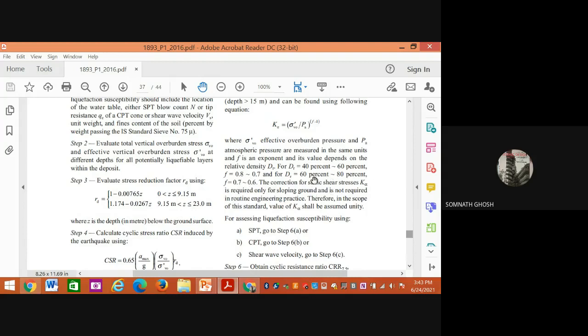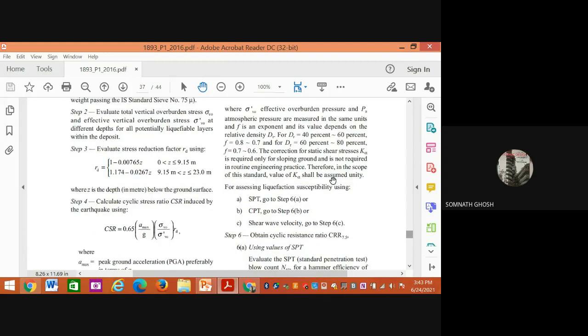So when you solve the problem, it will be very clear why you have used F equal to something, depending on the value of relative density. Relative density is also very important here.